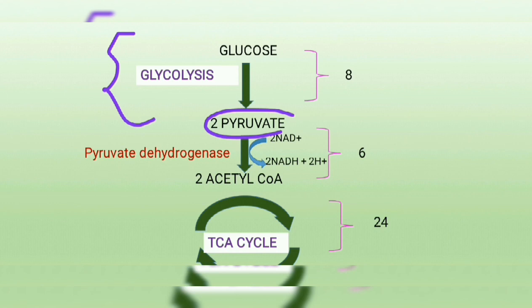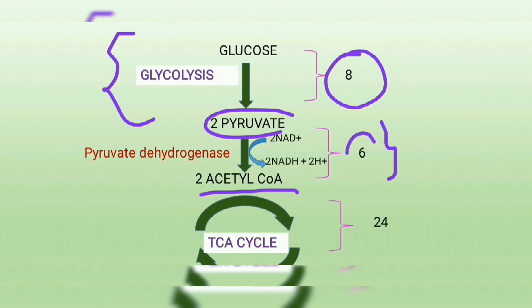As we discussed in the first slide in the introduction, it has 10 different steps, and we have a preparatory phase and a payoff phase, which is going to give us 8 molecules of ATP in the reactions. And the next important reaction is the pyruvate to acetyl coenzyme A with the help of the pyruvate dehydrogenase. Here we have 6 molecules of ATP formed.